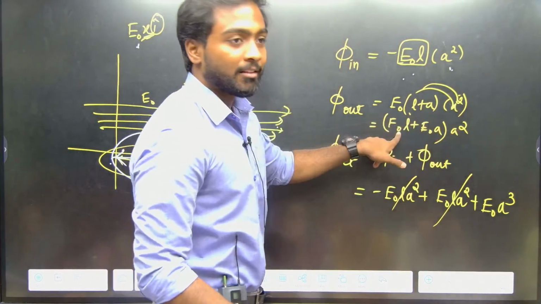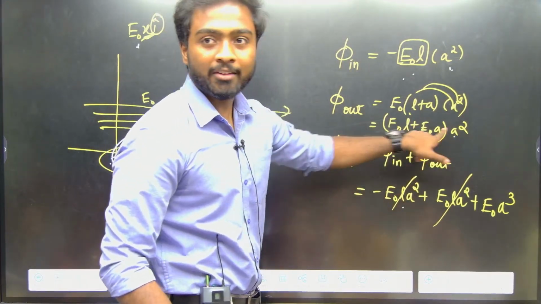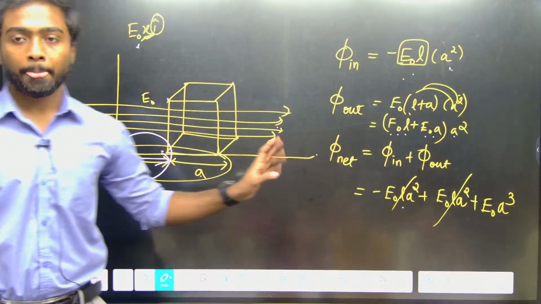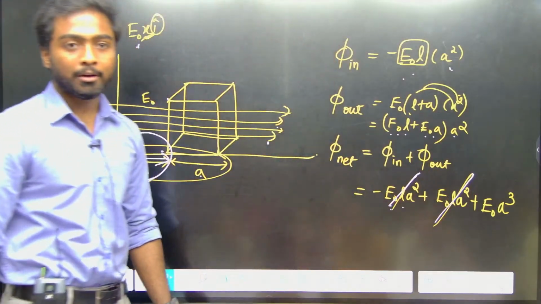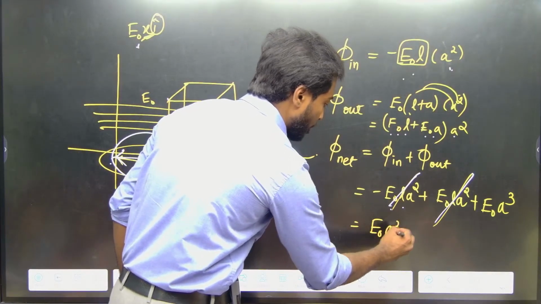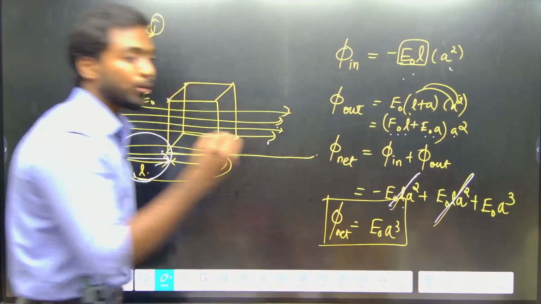Let me expand this. If I take this A square inside, it will become E naught L A square, and if I take this A square inside, it will become E naught A cube. Any doubt here? Now I will add everything. So the minus E naught L A square and the plus E naught L A square will cancel off, and the remaining will be E naught A cube. So this is my net flux in the non-uniform field.